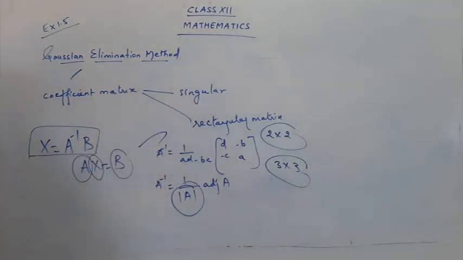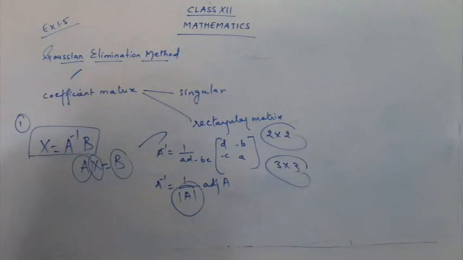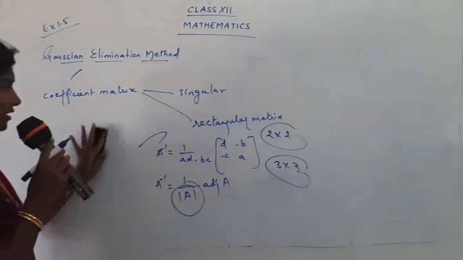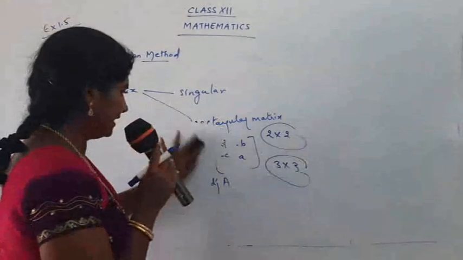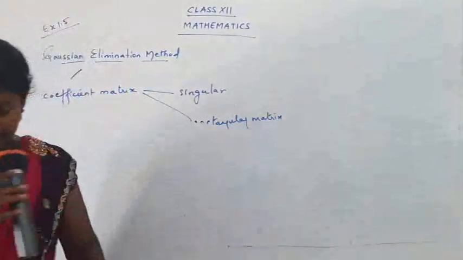So this was the first method that we studied for solving the system of linear equations, that is the matrix inversion method. After finding A inverse, you multiply A inverse and B, and you get the values for X, Y and Z. The second one we saw was Cramer's rule. In the previous classes we completed that, that is, we have used Cramer's rule.